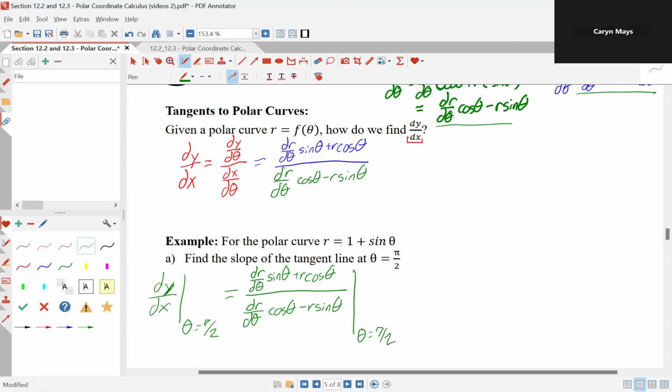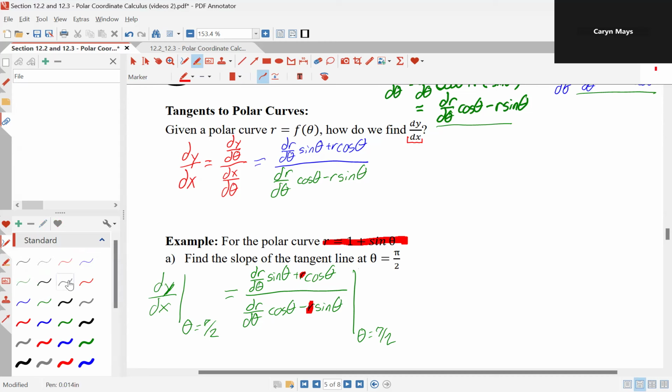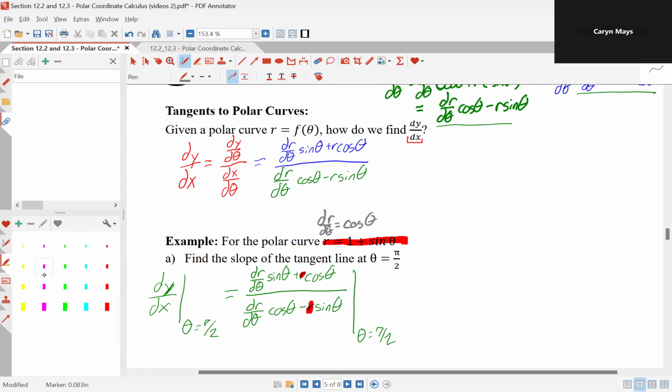Well, we know r is 1 plus sine theta. dr d theta, the derivative of r with respect to theta: the derivative of 1 is 0, that goes away, and the derivative of sine is cosine. So that means dr d theta is cosine.